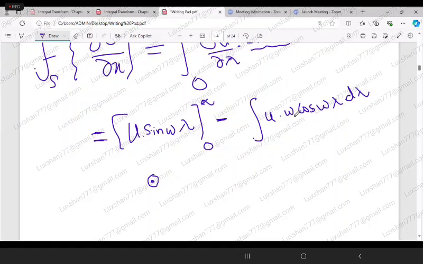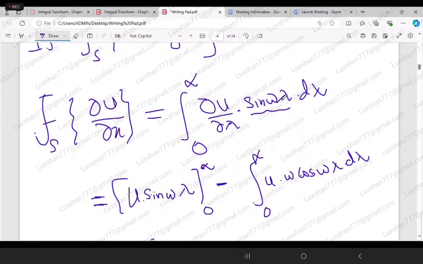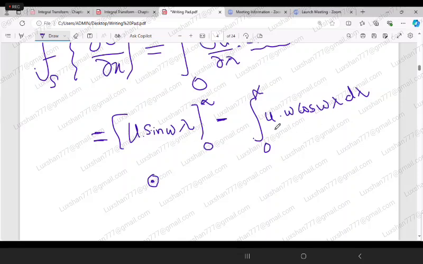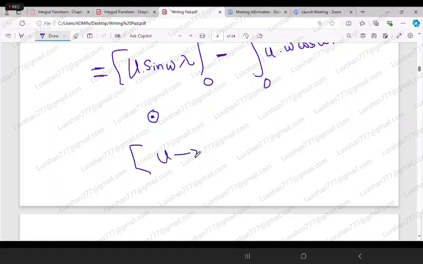This one is 0 because we are assuming that u tends to 0 as λ tends to 0.